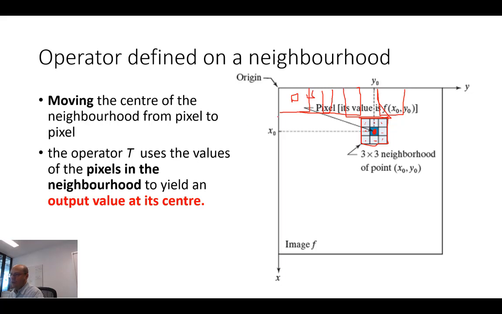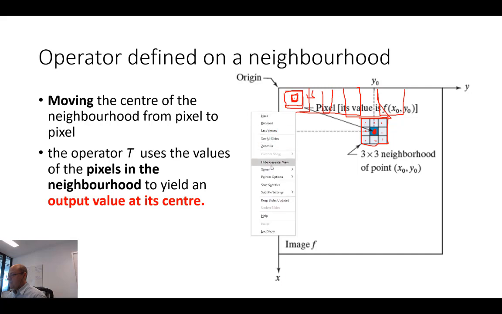So these are also called moving window methods. We are moving a window around the pixel, doing some sort of arithmetic around the pixels. The arithmetic could be just calculating the average or some other function, using the values of the pixels around, and then the operation is going to change the value of the mid pixel.